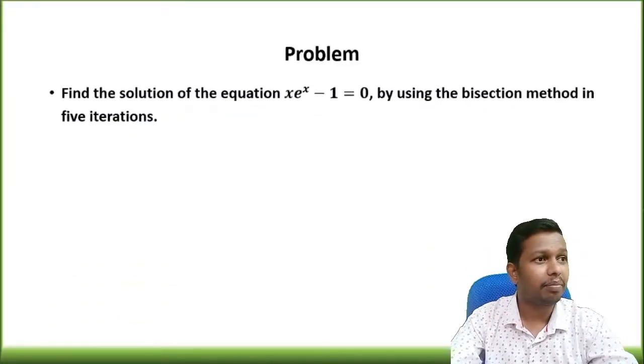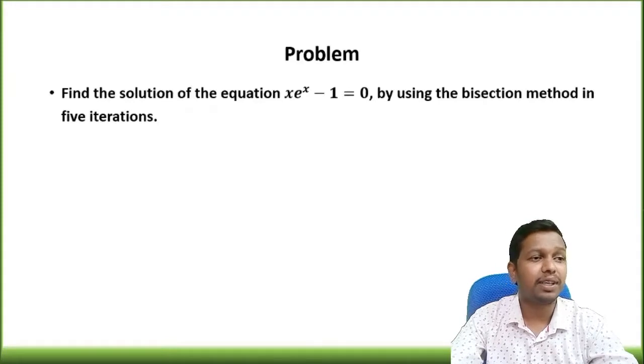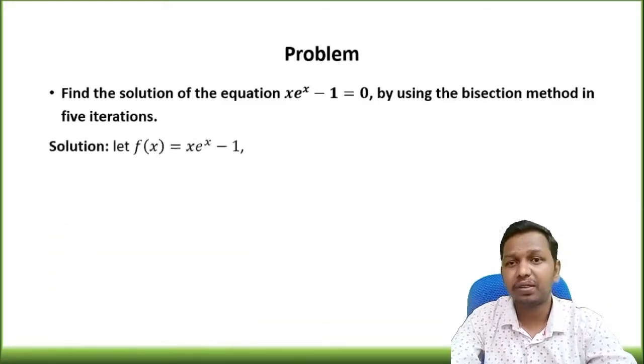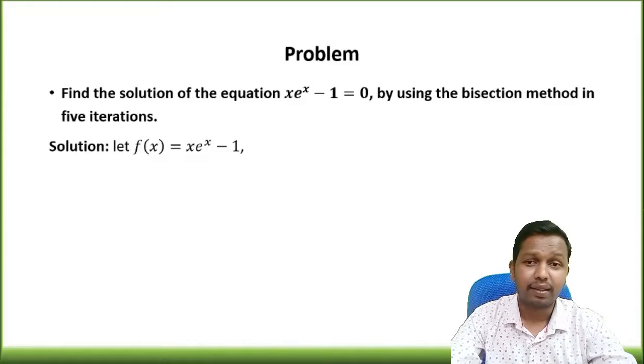See one example. Find the solution of the equation x into e power x minus 1 equals 0 by using the bisection method in 5 iterations. That means we have to find 5 approximations. Solution.